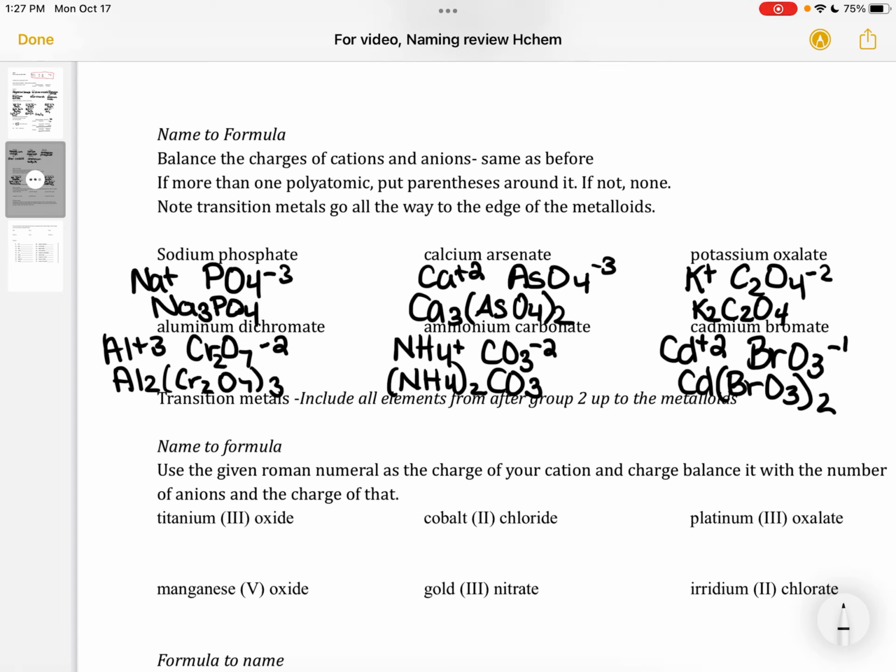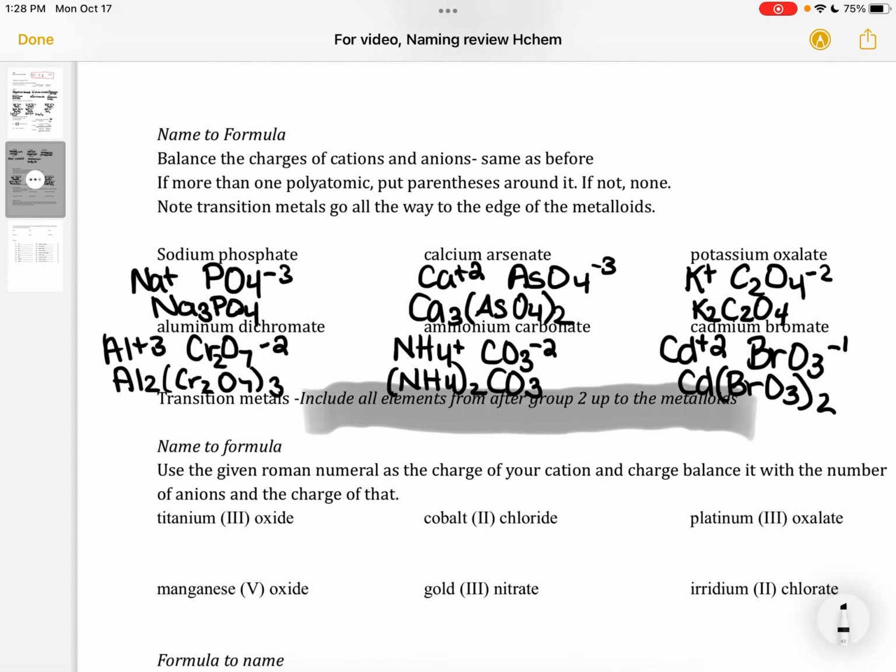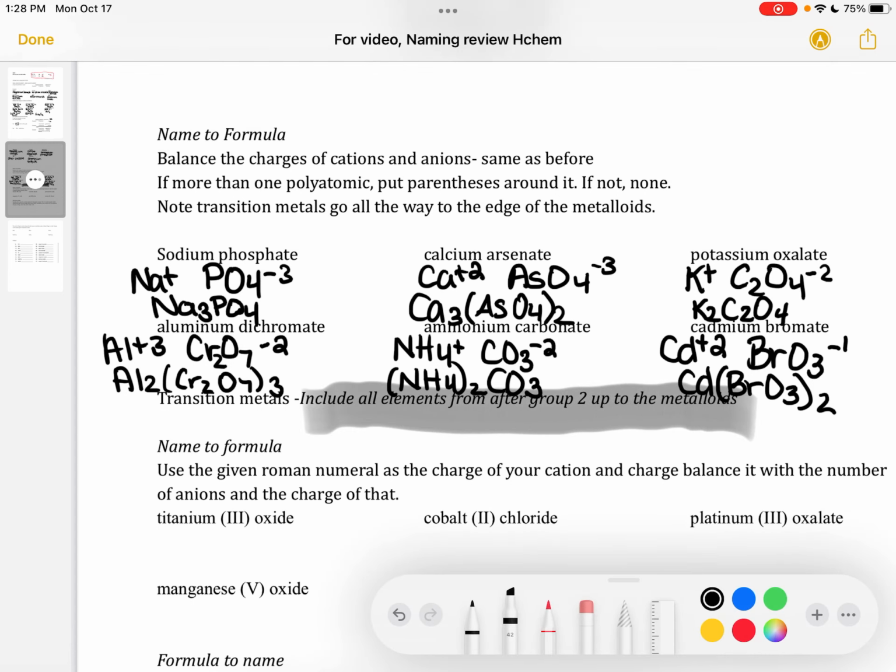Okay, so transition metals. Transition metals are tricky. Now, one thing I want to point out to you is that transition metals include all of the elements from after group 2. So let me get my highlighter here. All elements from after group 2 to the metalloids.